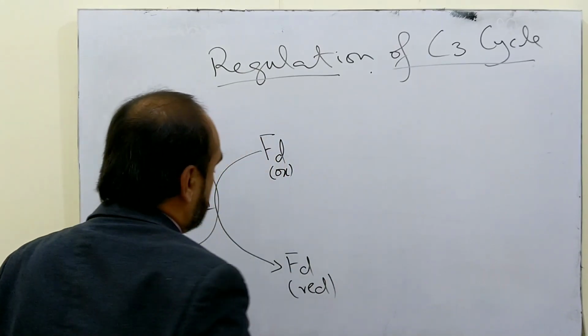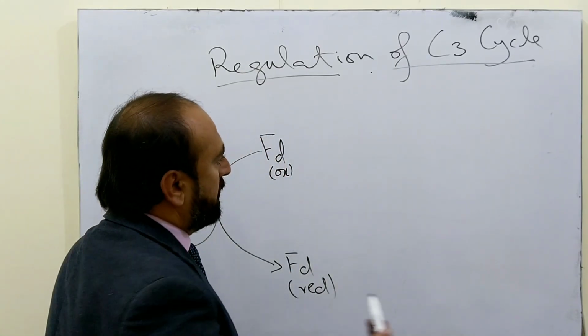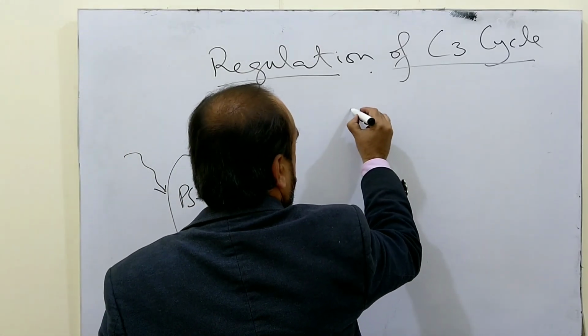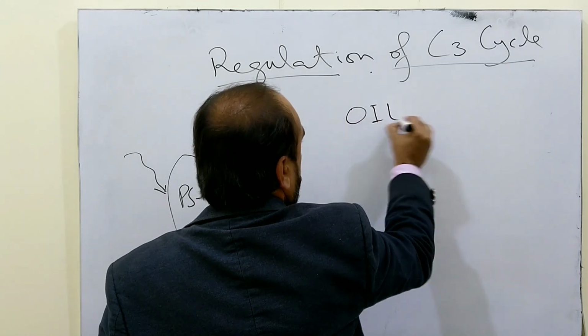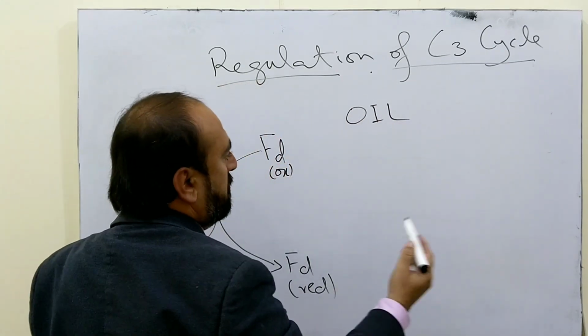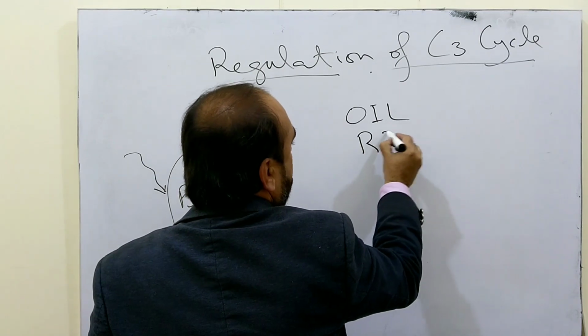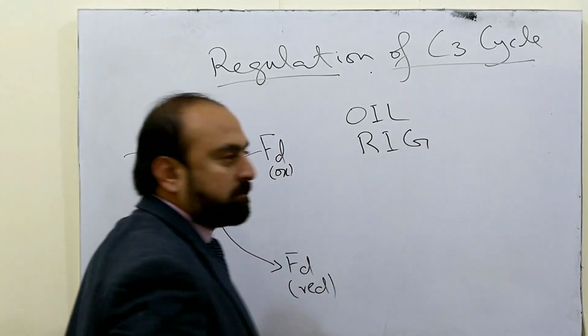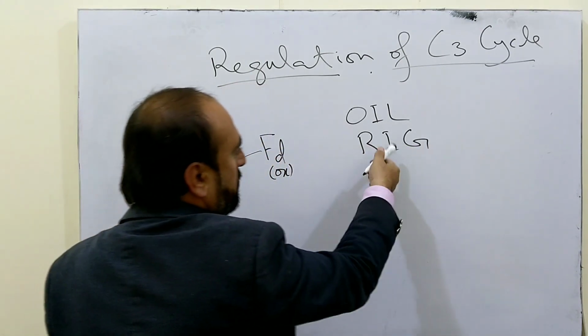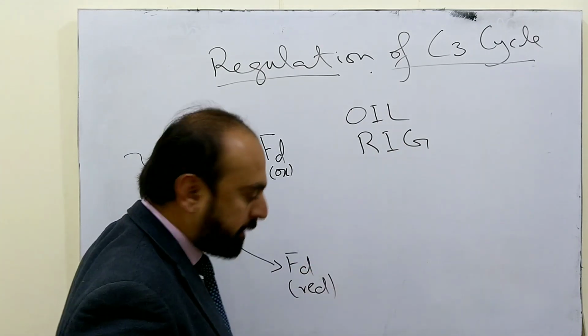So now it is reduced. To remember oxidation and reduction reaction, oxidation is loss of electrons or protons, reduction is gain of electrons or protons. So remember these two words, oil and rig.